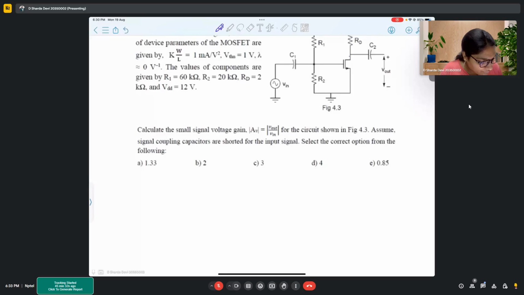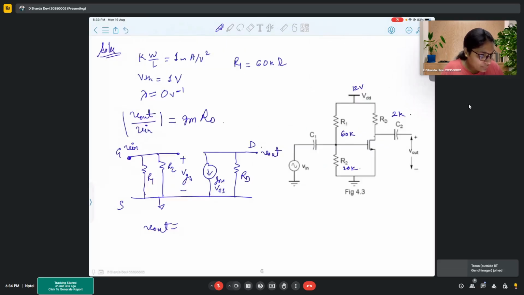From here we have GM VGS, and here there will be RD. This is V out. So again, V out is whatever voltage drop across RD will be V out. So I_RD into RD. Here RD will be minus.